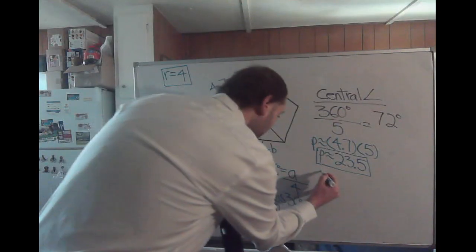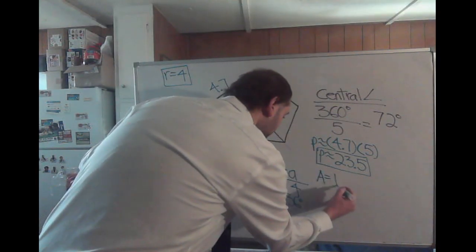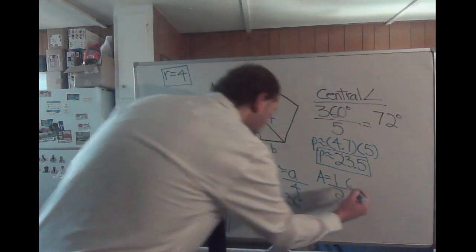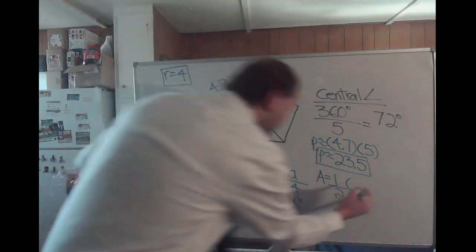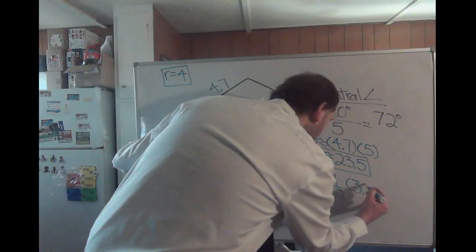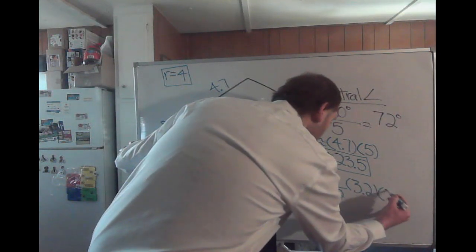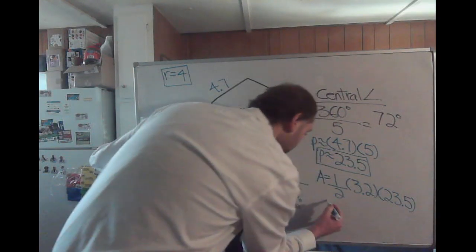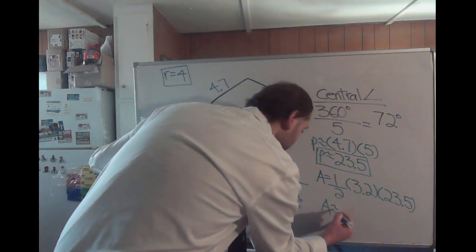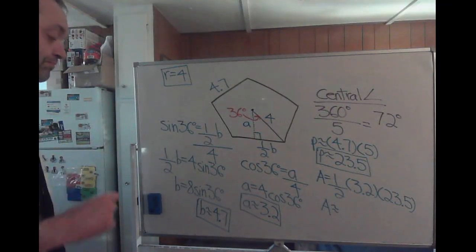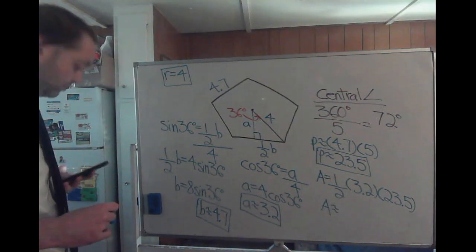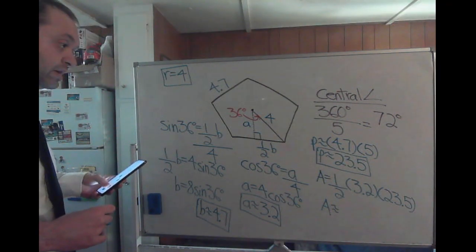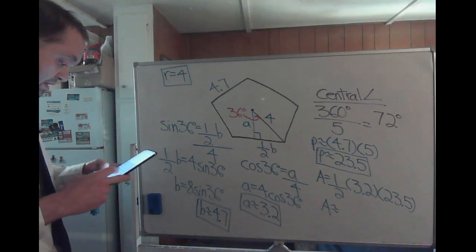Now to find the area, you'll take half the length of the apothem, which would be 3.2, times your perimeter, which is 23.5, and then we can get a 1 decimal place approximation for your area. So let's see here.